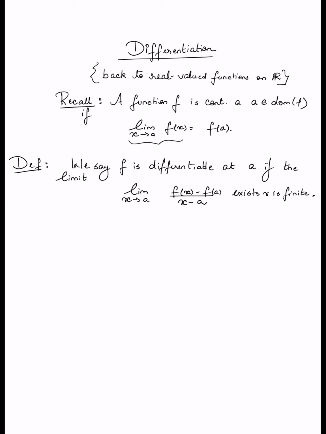Then we say that the function is differentiable at a. When this limit exists and is finite, we call that limit the derivative of f at a. We denote it as f prime a, also called the derivative of f at a.